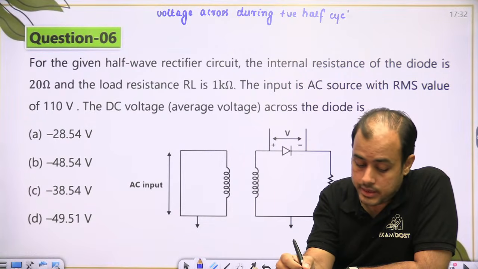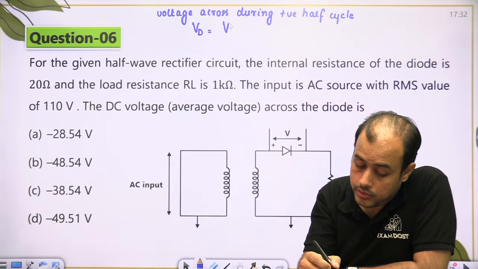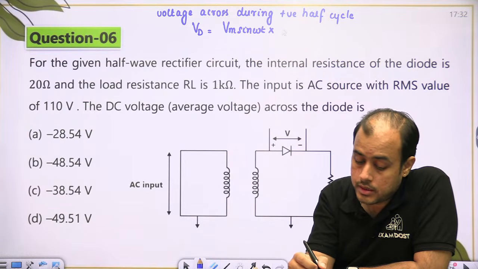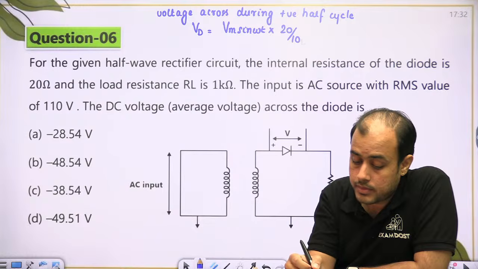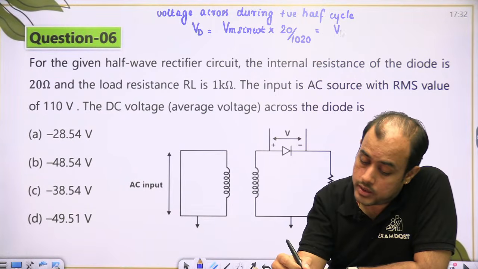It is forward bias. Then it is beta Em sin omega t. Use the voltage division 20 by 1020. Okay, because diode resistance is 20.